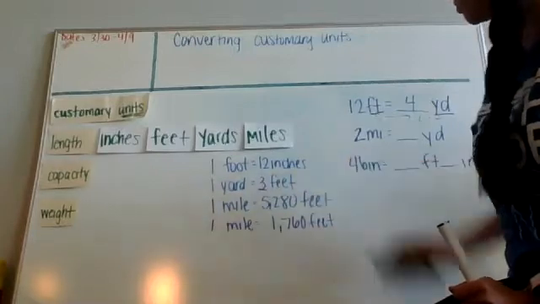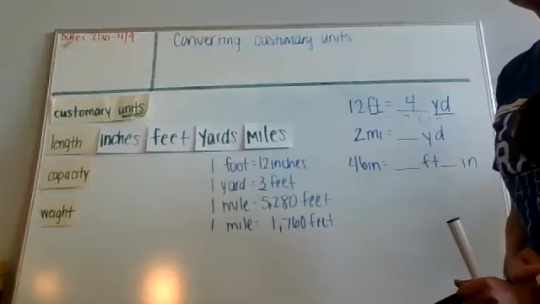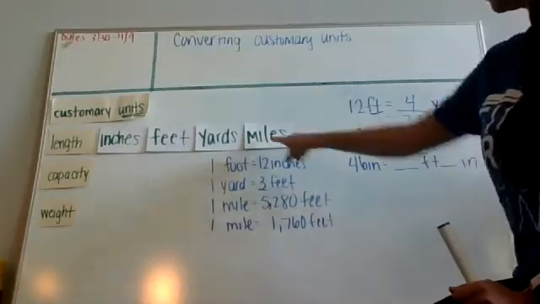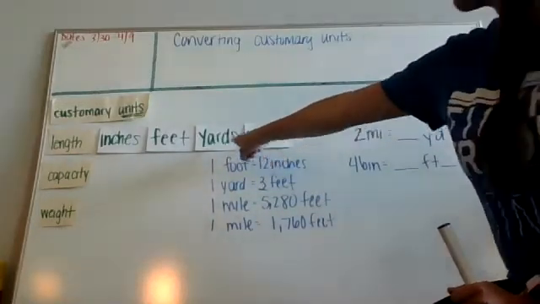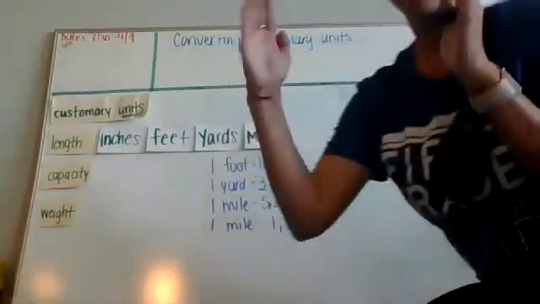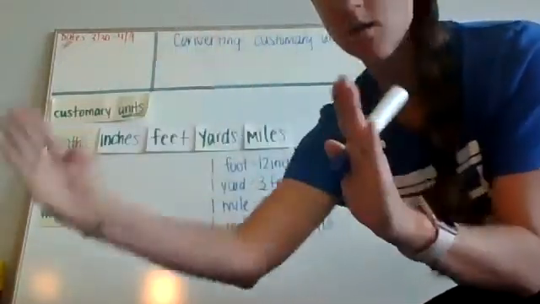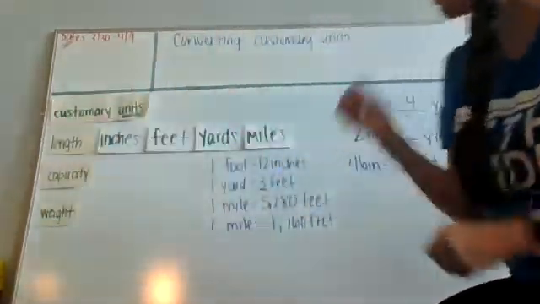For number 2, miles to yards. So I'm going to go over here. Miles are bigger than yards. Okay? So I'm going from large to small, so I'm going to multiply. Large to small, multiply.